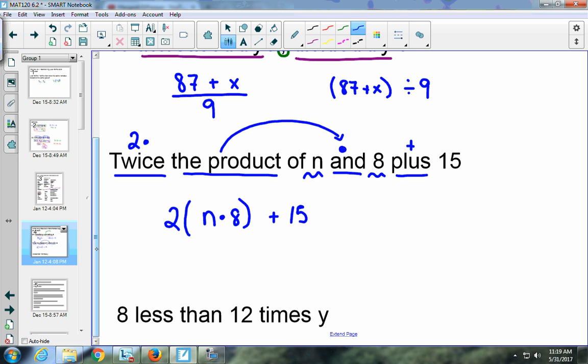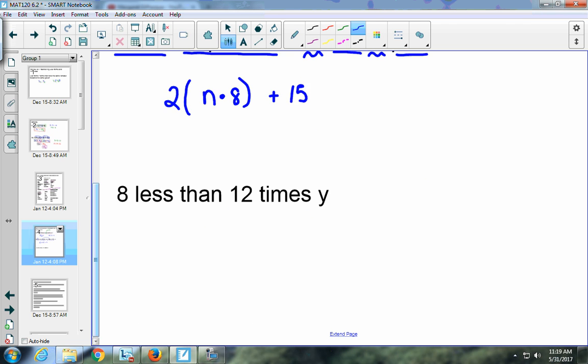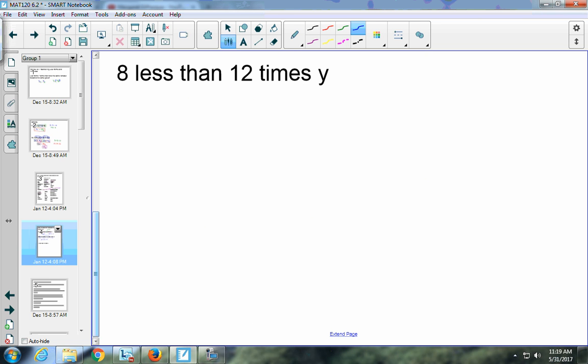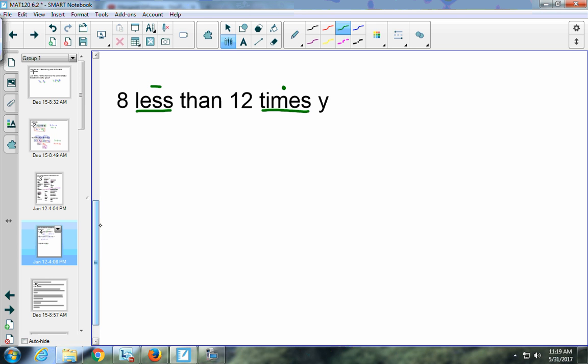If we look at this last example here, we have 8 less than 12 times y. Now less is a keyword for subtraction, and times is a keyword for multiplication. But this "then" is a word that confuses a lot of people. Then is a turnaround word.